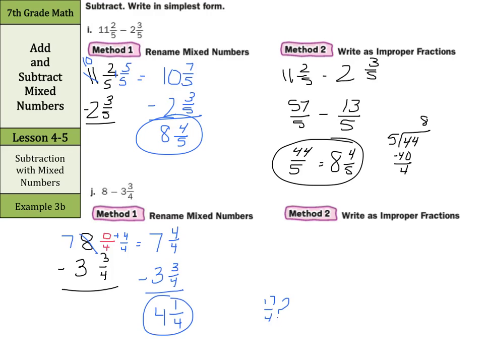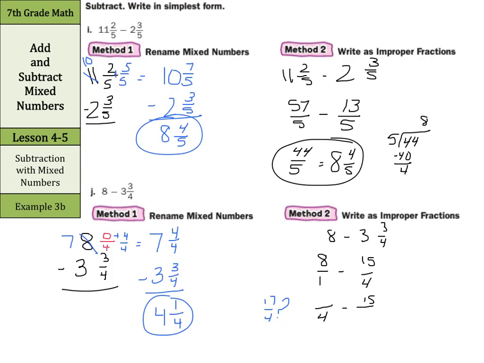If I have 8 minus 3 and 3/4, once again, any integer can be rewritten as a fraction over 1, so 8 over 1 minus, now 3 times 4 is 12, plus 3 is 15/4. Now I need to find common denominators here, and that's going to be 4.